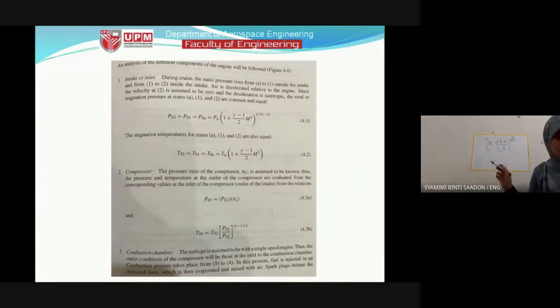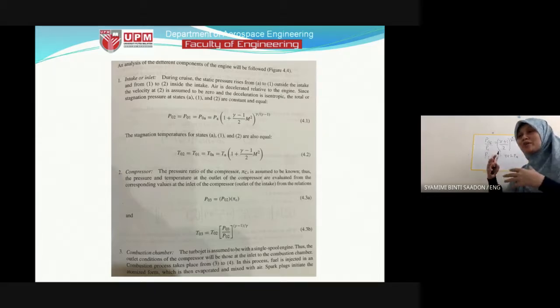PO6 we calculated previously is equal to PO5, which is 182.63 kilopascal. Gamma 1.4 here we use. So PC is 96.48 kilopascal. I hope you understand where this comes from.